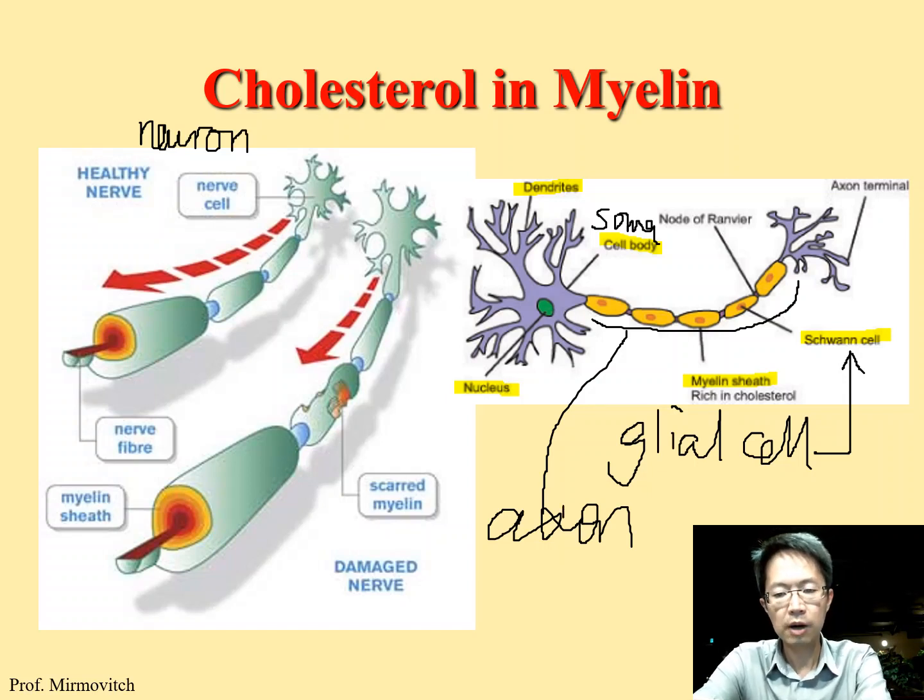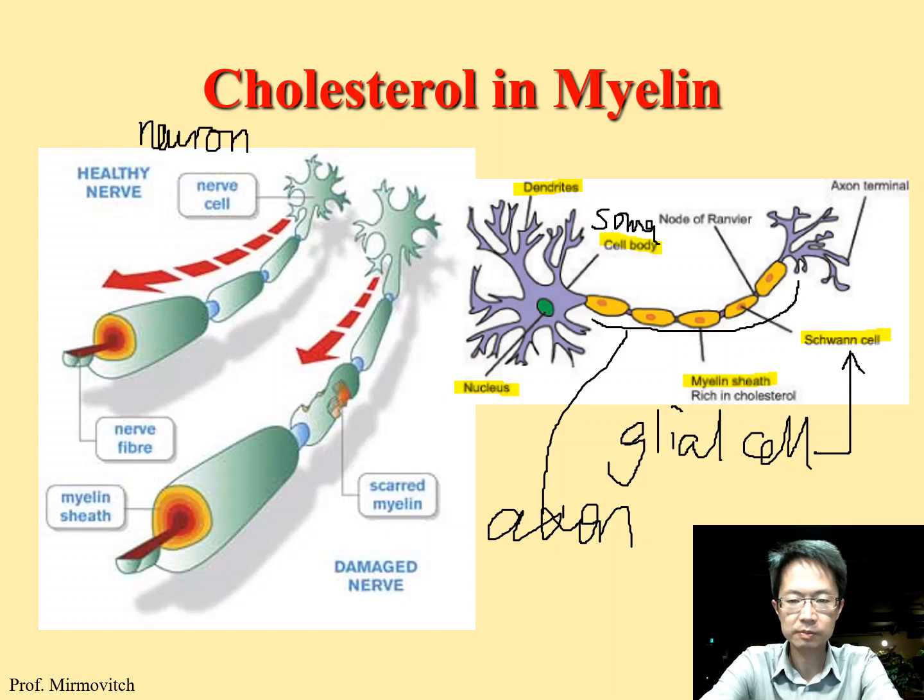So the myelin sheath, or the glial cell subtype Schwann cells, wrap around the axon to form something called the myelin sheath. When the cell wraps around an axon multiple times, most of the stuff around the axon will be the cell membrane, the phospholipid bilayer, and there is a lot of cholesterol embedded in the cell membrane.